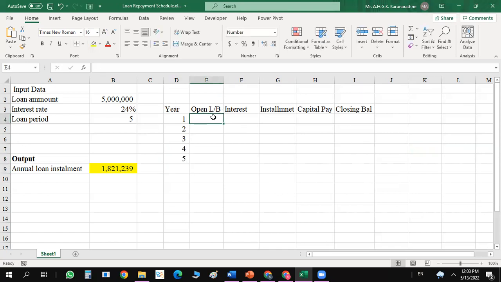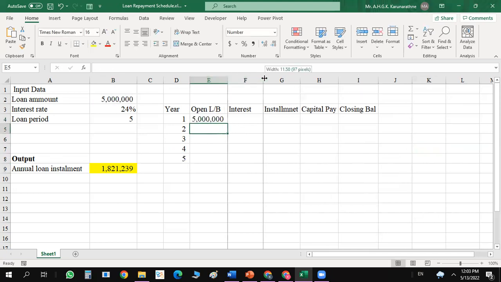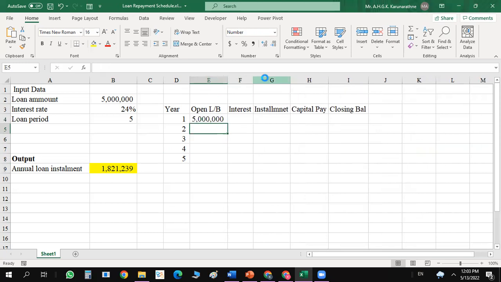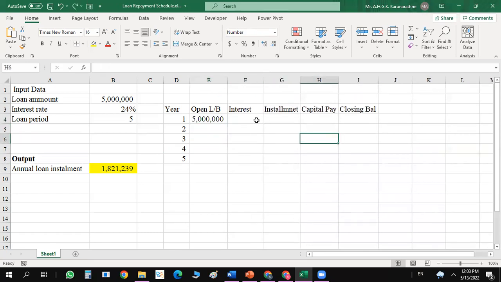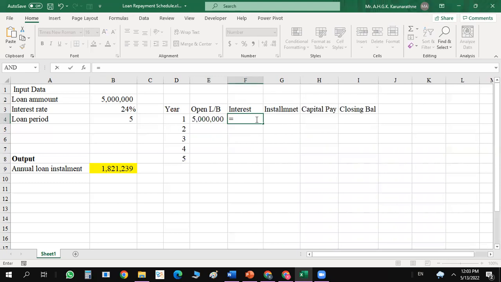Now, first, at the beginning of the year you have a loan balance of this. Let's make it constant. This is your open beginning loan balance. Then interest, right? You are going to make the first payment at the end of the year. The loan is taken on January 1 and you are going to repay on 31st December.